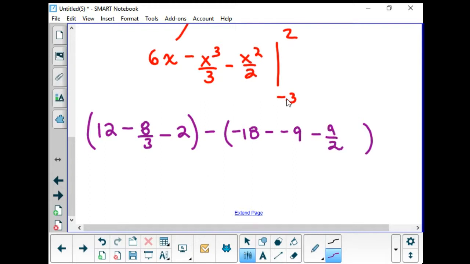It's always tricky when you put a negative in and then have a negative behind it. So negative 3 cubed is negative 27 divided by 3 is negative 9, so it's minus a negative 9. The negative 3 squared is a positive 9, so this is positive 9/2. And then you subtract it.